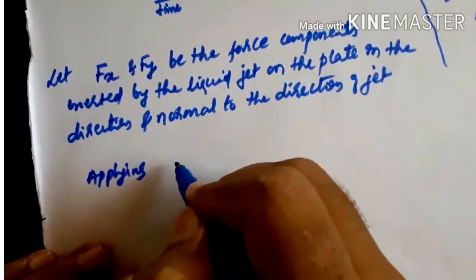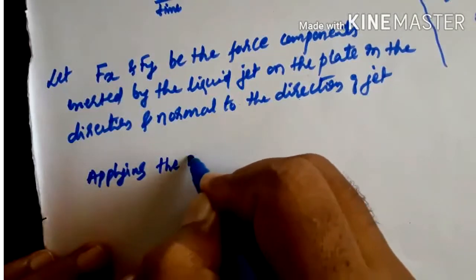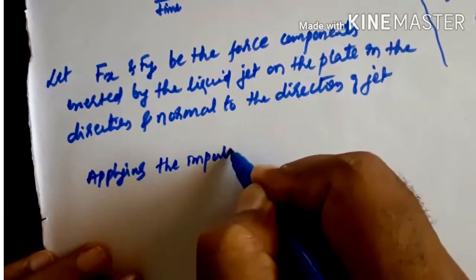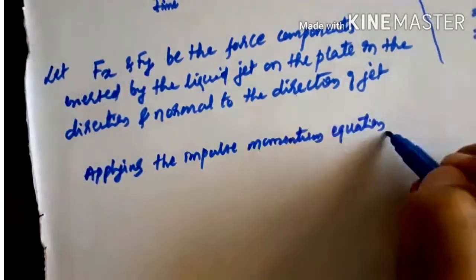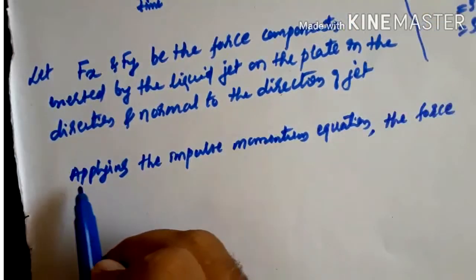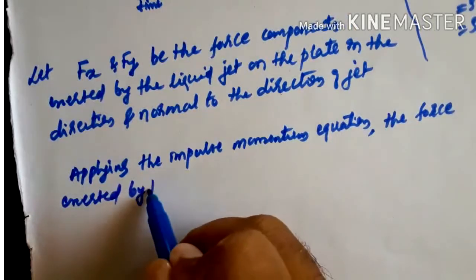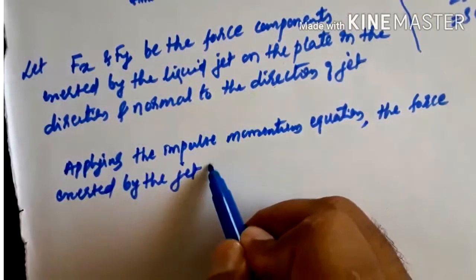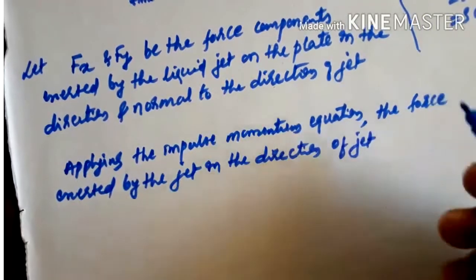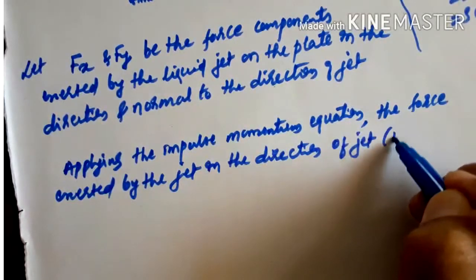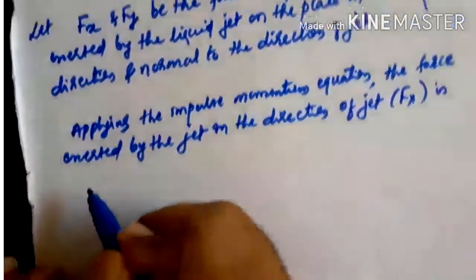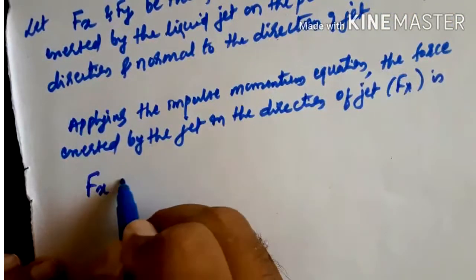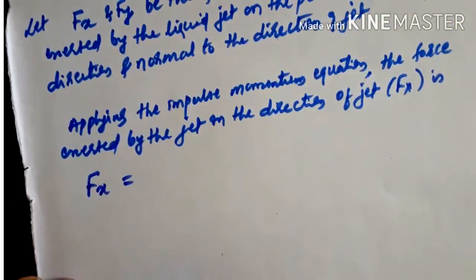Then, applying the impulse momentum equation. Now you apply the impulse momentum equation. The force exerted by the jet in the direction of jet means we calculate Fx, the force in x direction exerted by the jet.